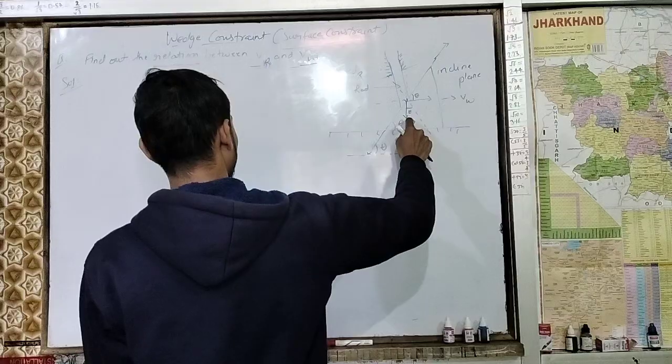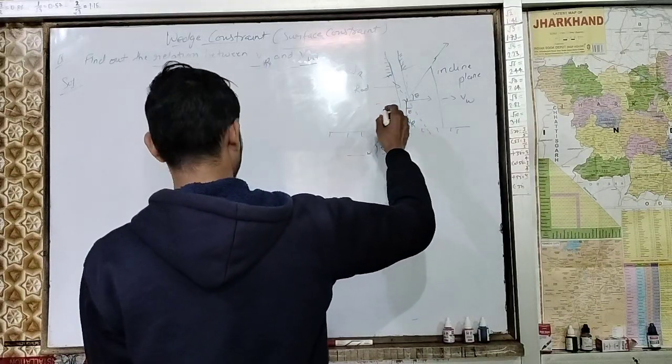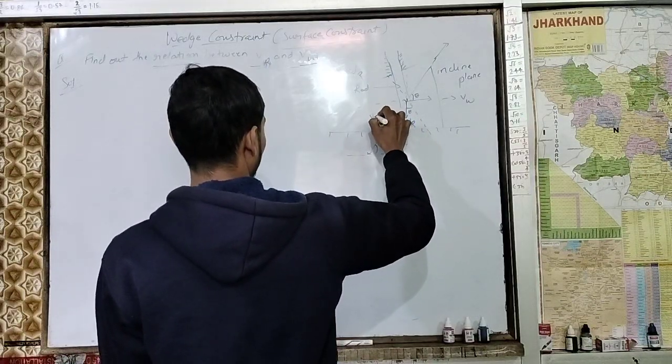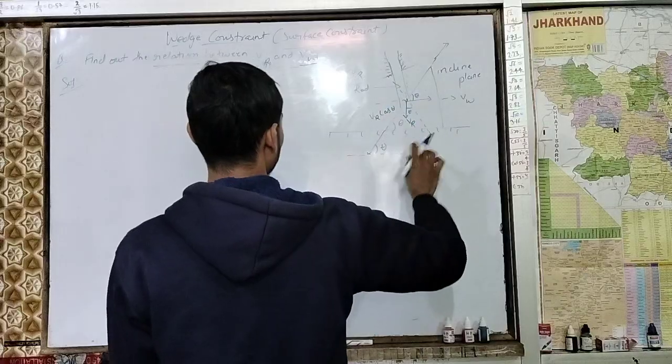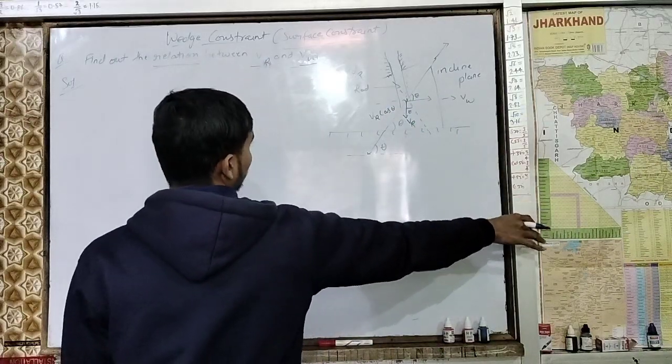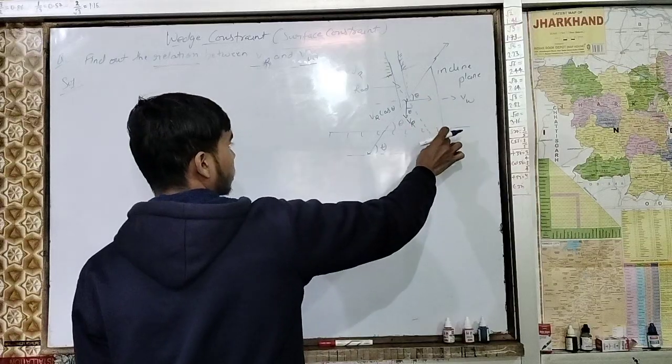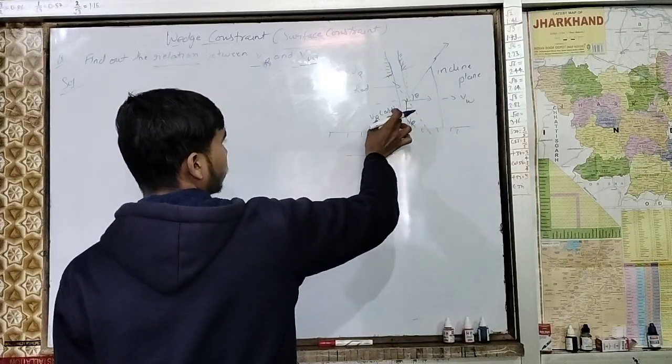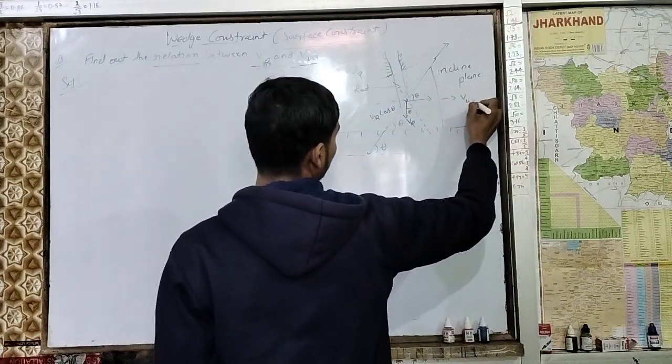According to this theta, this is our VR cos theta, and VW will be sin theta. The components of this resultant are VR cos theta and VW sin theta.